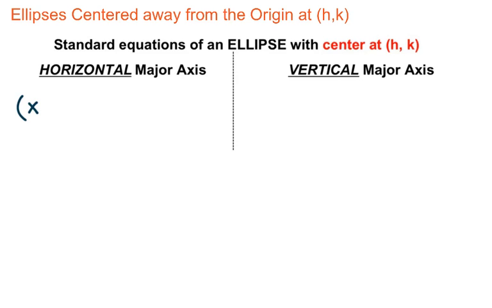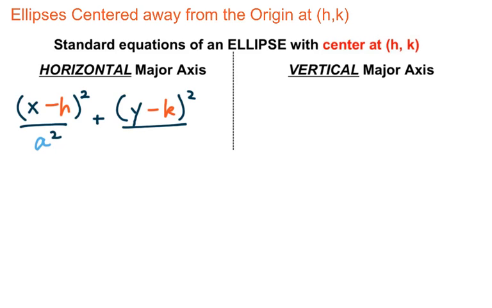We have (x minus h) quantity squared divided by some value a squared plus (y minus k) squared over a different value, which we will call b squared, equals 1.